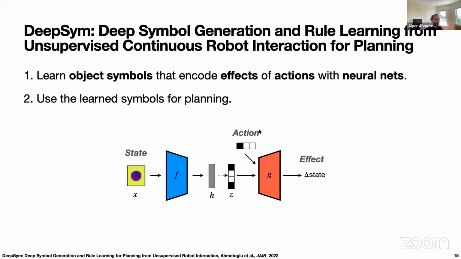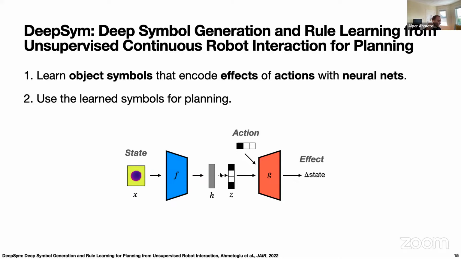This was the general high-level view of the architecture, where we have an encoder and a decoder. The encoder gives us a latent representation. This latent representation is binarized: if a number is higher than 0, it corresponds to 1, and if it's lower than 0, it corresponds to 0. So in a way, from continuous values, you get symbolic representations.